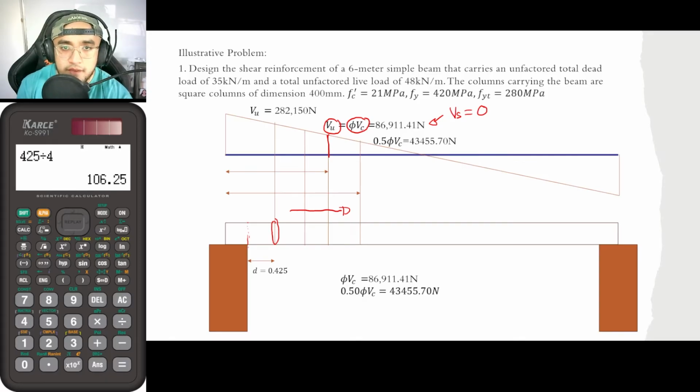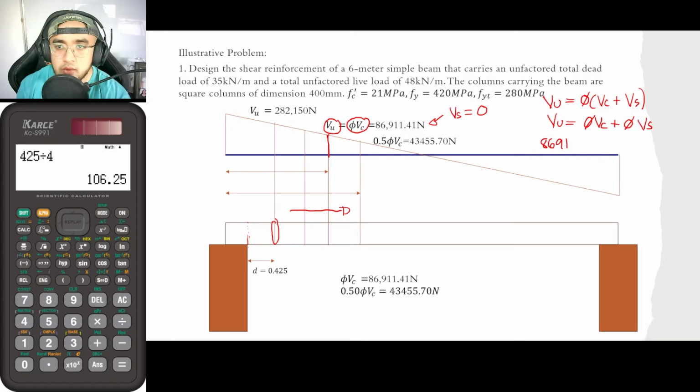Suppose that VU is equal to PVC, whereas from our equation, VU is equal to phi VC plus VS. And if VU is equal to PVC, then VU is equal to PVC plus PVS. Substituting known values, 86,911.41 is equal to 86,911.41 plus PVS. Solving for the value of PVS, you would be arriving at VS is equal to 0.